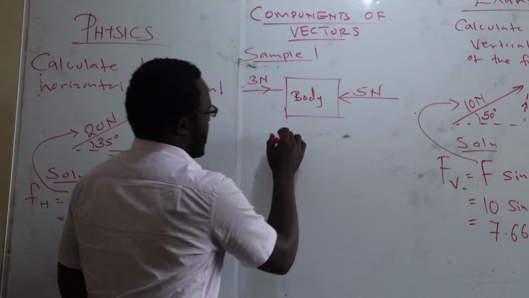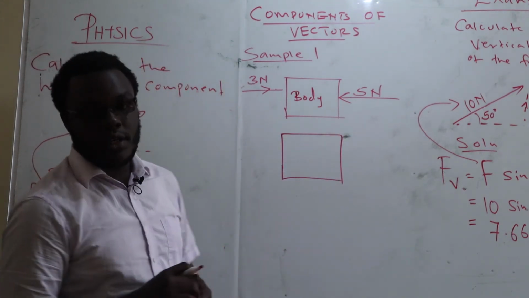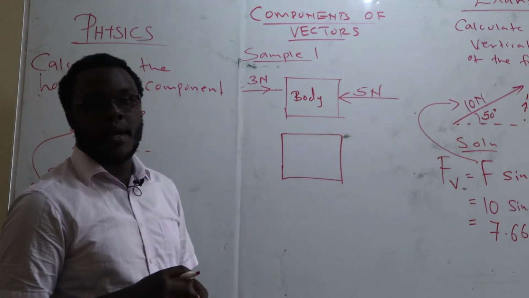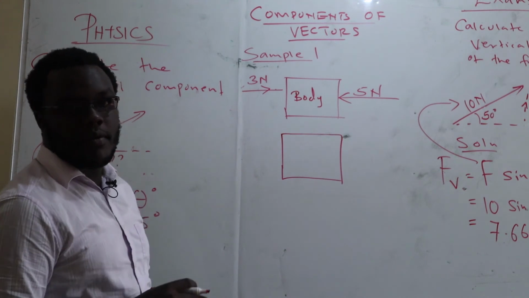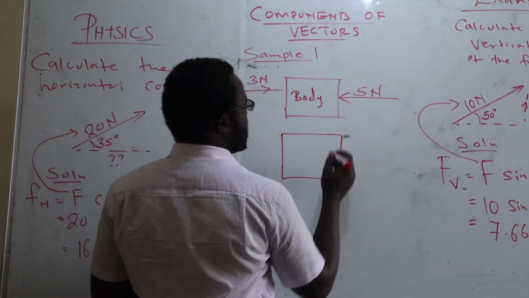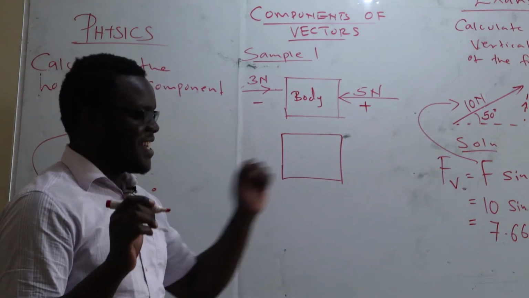Therefore, at the end, we want to see where the body will move and by how many newtons. Since we know that force is a type of vector quantity, we can consider moving to the left as positive and moving to the right as negative.